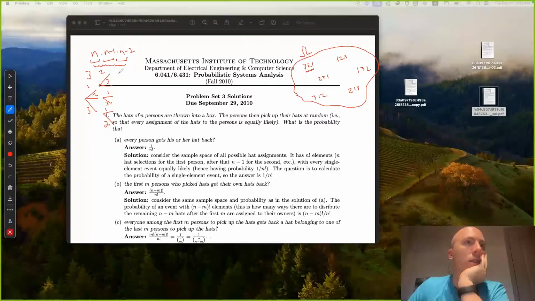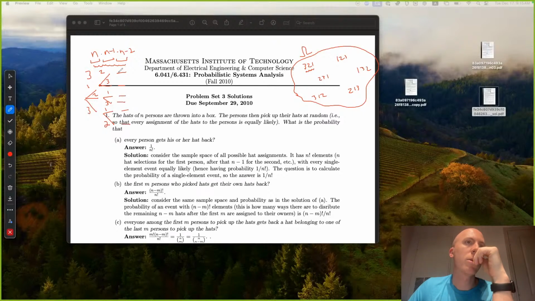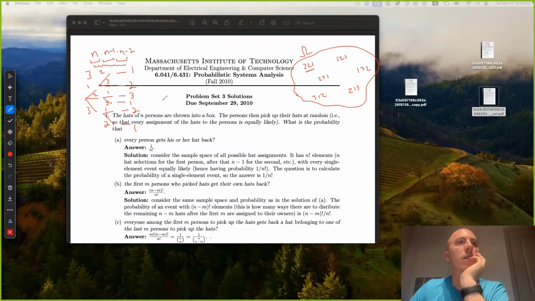And for each of these, you only have 1 possible outcome at this point. So here you have 3 2 1, 1 3 2, 2 1 3, 2 3 1, 3 1 2, 3 2 1.